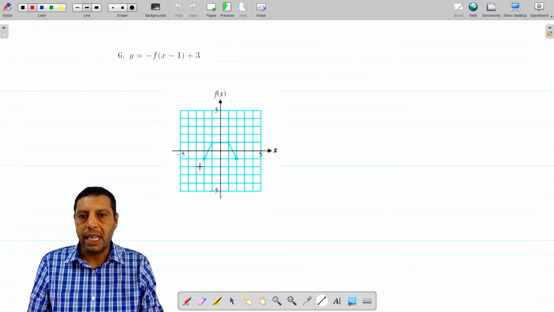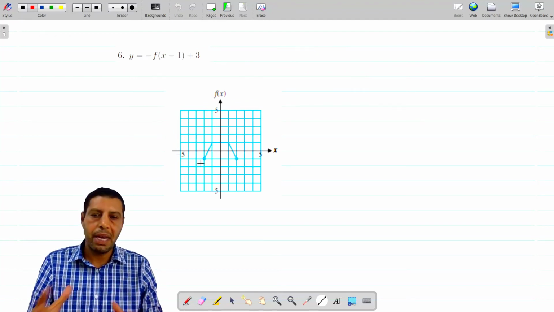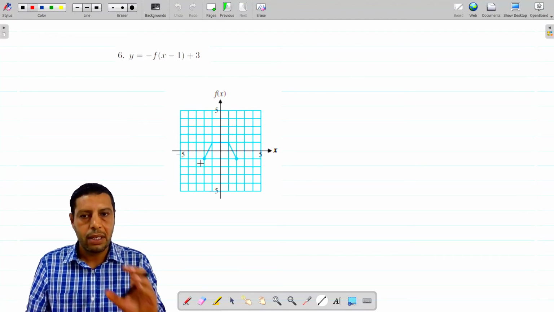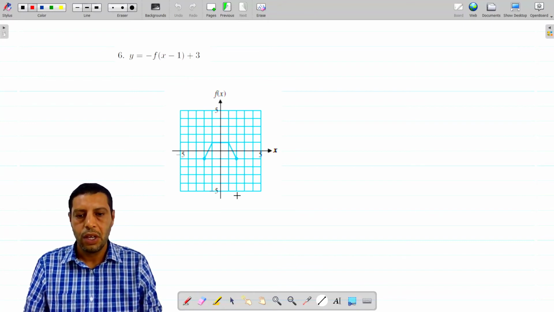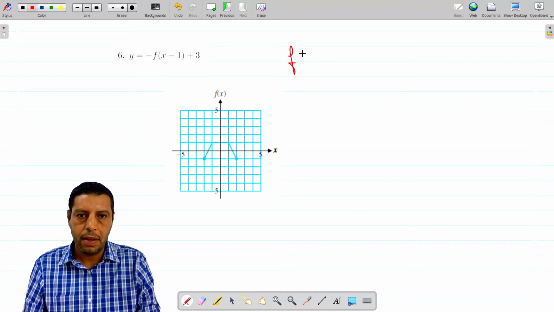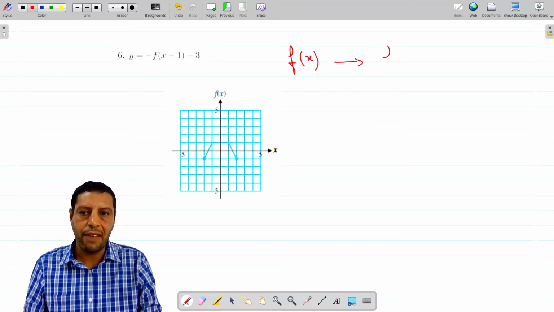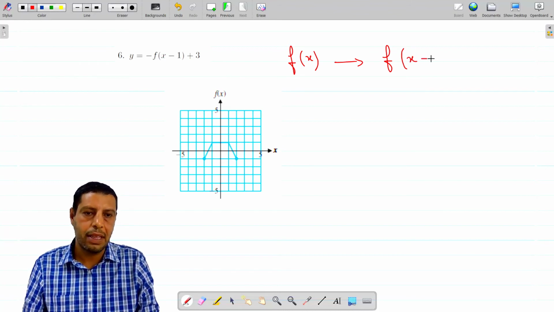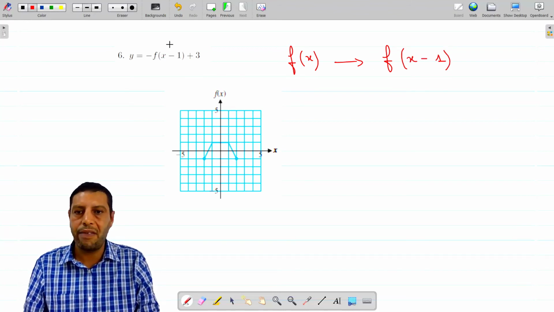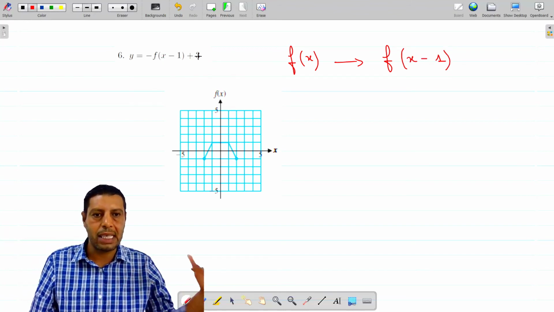Now, we're gonna move to the last one, which is a combination of many operations, okay? We're gonna start slowly. So, our function f of x first is transformed to f of x minus 1. This is the first operation. To get the final expression here, we'll do it by steps, okay?